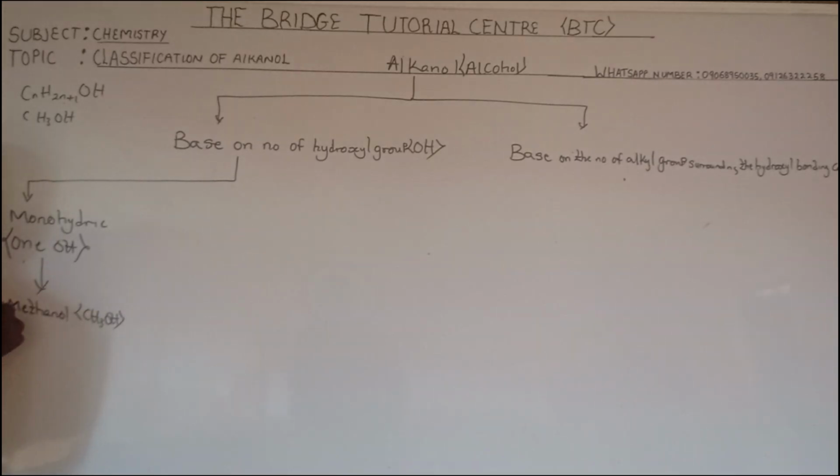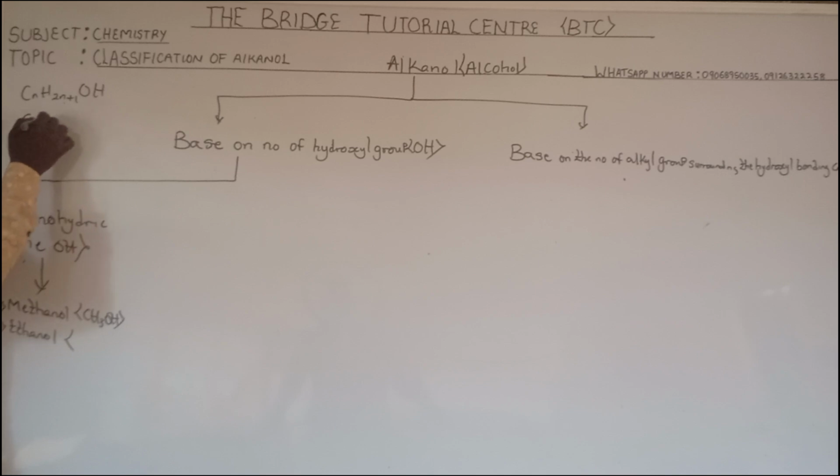Other examples that you can talk about: we have the ethanol, which is the second member and the most important member, and we have the formula where n is 2. So we are going to have C2H, 2 multiplied by 2, that's 4, plus 1, that's 5, and OH.